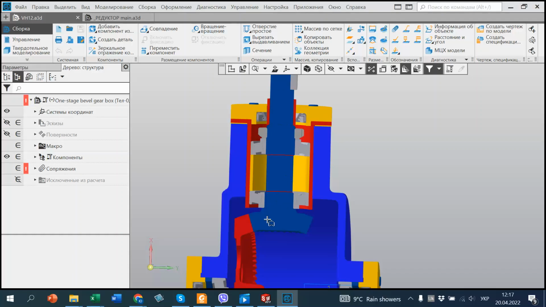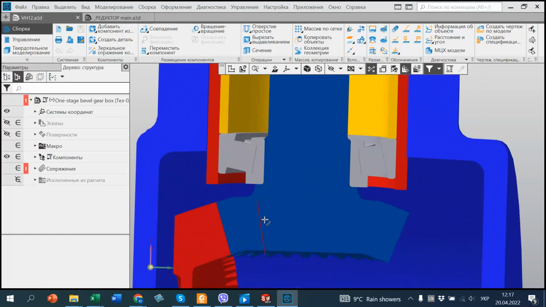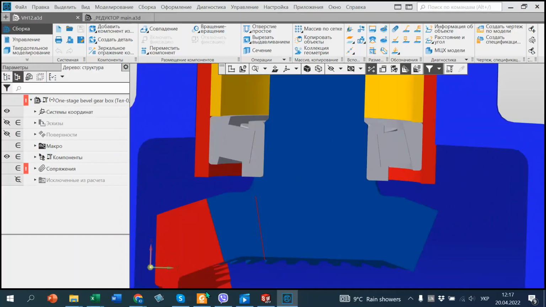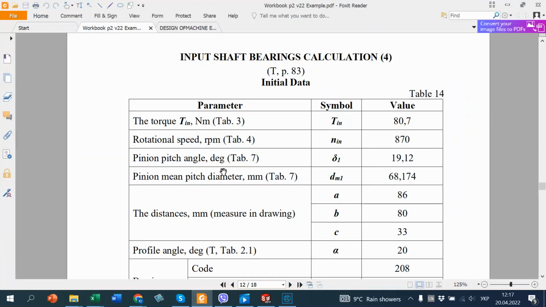And I showed you how to draw the input shaft and how to find distances, because when we calculate input shaft bearings, first we need distances A, B, C between elements we discussed in the previous class.